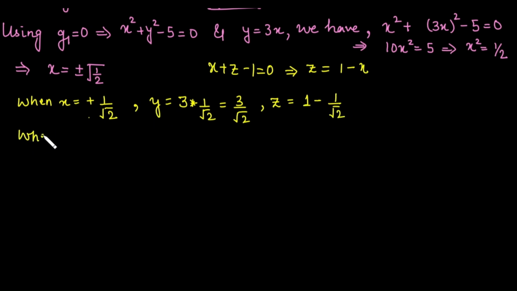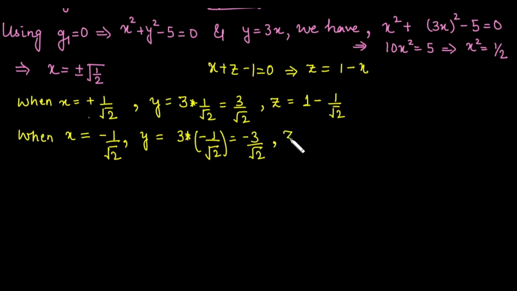Similarly, calculate the value of y and z when x is equal to minus 1 by under root 2. In that case, the value of y is 3 times of minus 1 by under root 2, that is equal to negative of 3 by under root 2, and in this case the z value is equal to 1 minus of minus 1 by root 2, that is equal to 1 plus 1 by root 2.